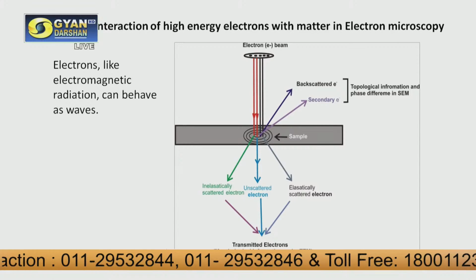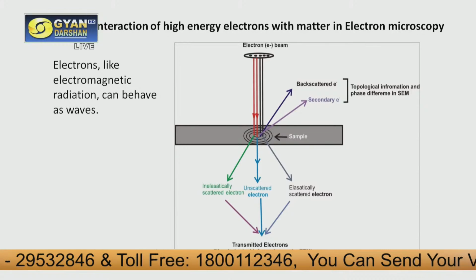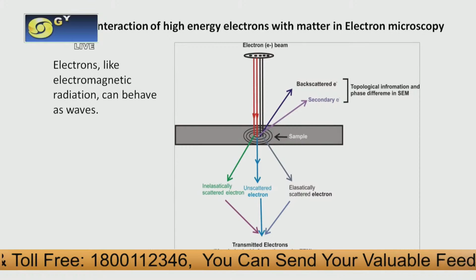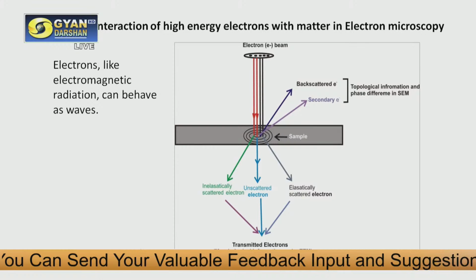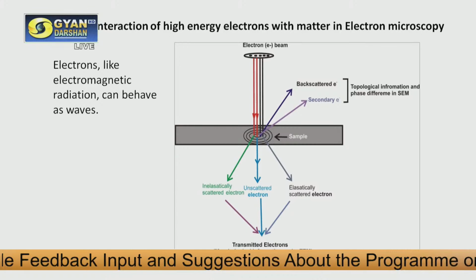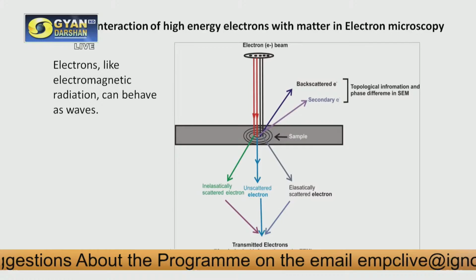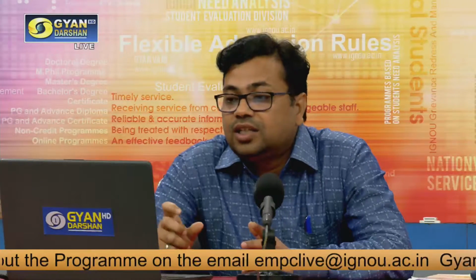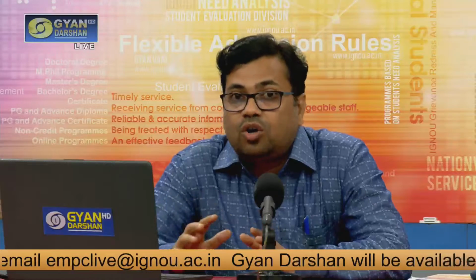When the electrons interact with the different thickness of the specimen, some electrons are not scattered, but some can go into the nuclear level of the atom. Electrons are tiny and have a small wavelength, so they can interact with nuclei without losing energy.